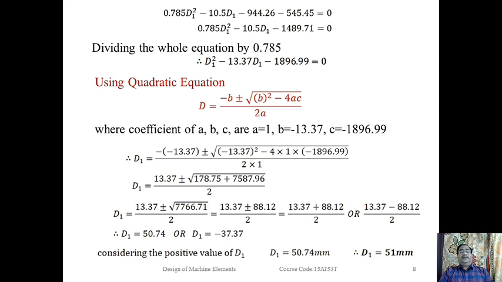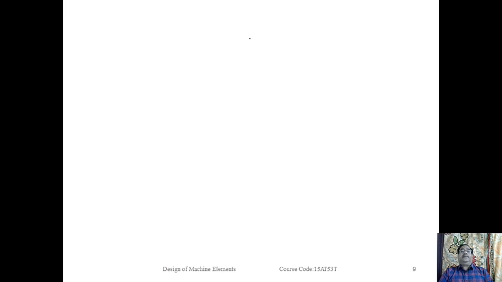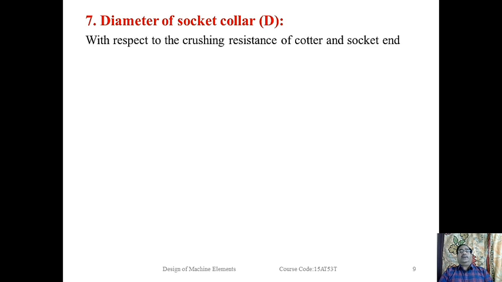So in the sixth step we have to use the quadratic equation for solving the value of capital D1. Other steps are simple calculations, but the sixth step needs the quadratic equation. Similarly, the seventh step, the diameter of socket collar, that is capital D1.